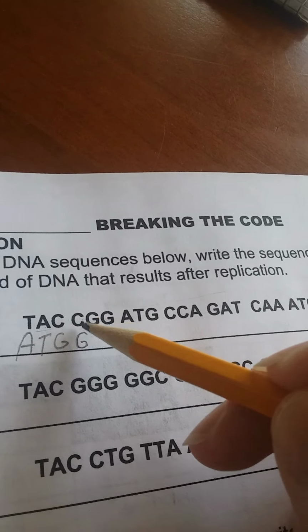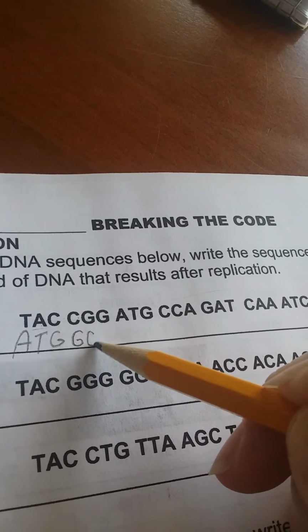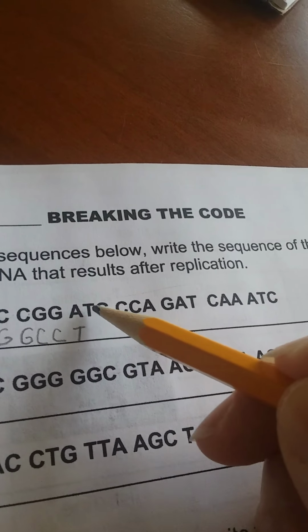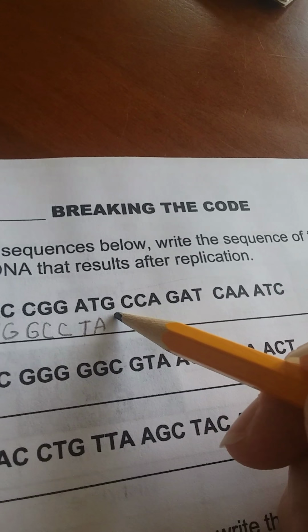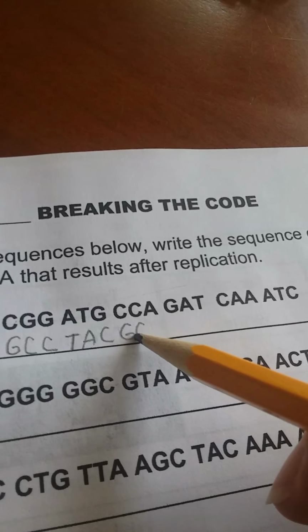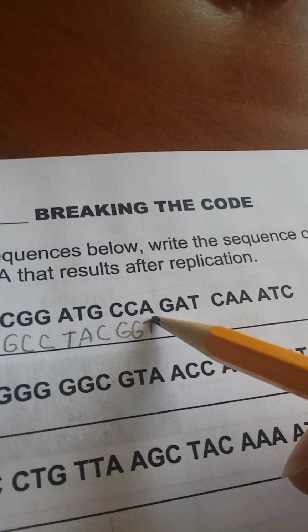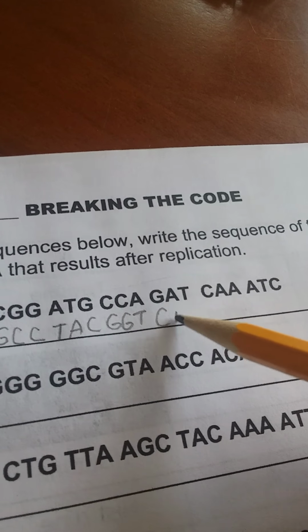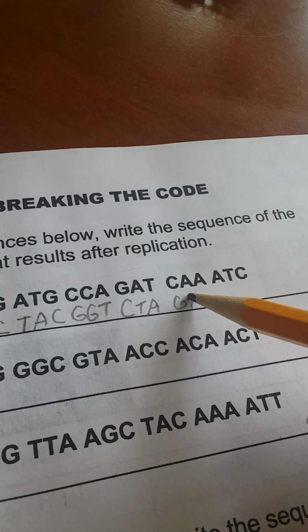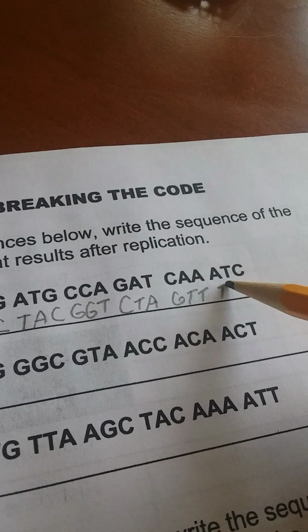C goes with G. G goes with C. G goes with C. A goes with T. T goes with A. G goes with C. G, G, T. C, T, A. G, T, T. G, A, G.